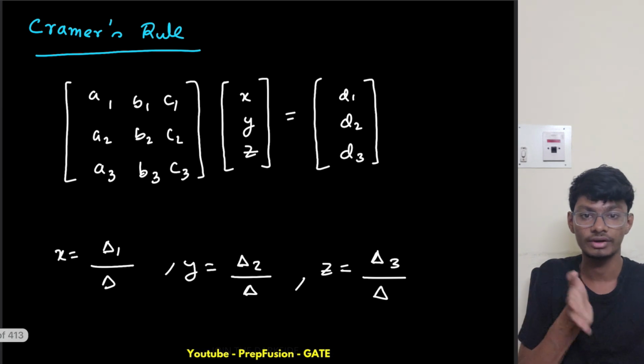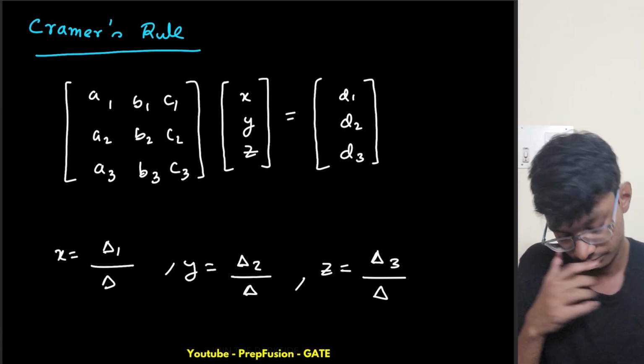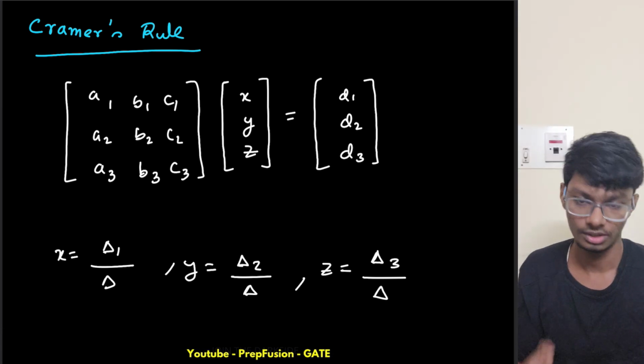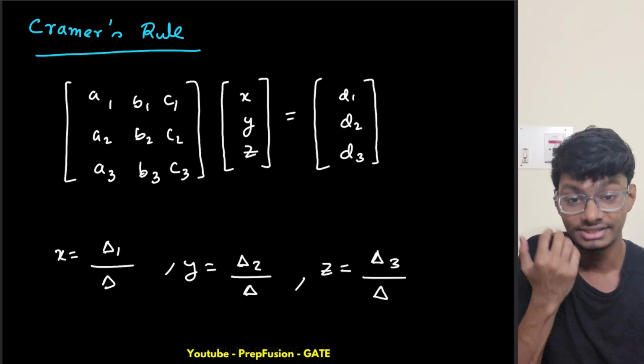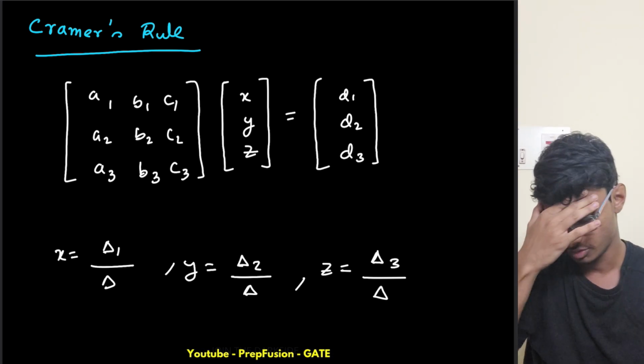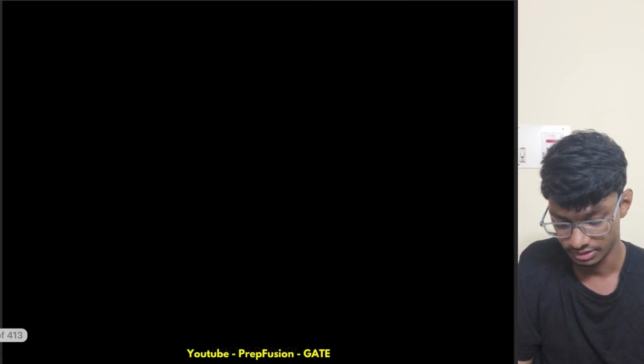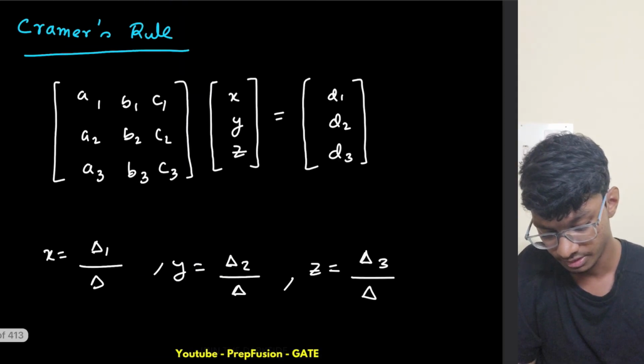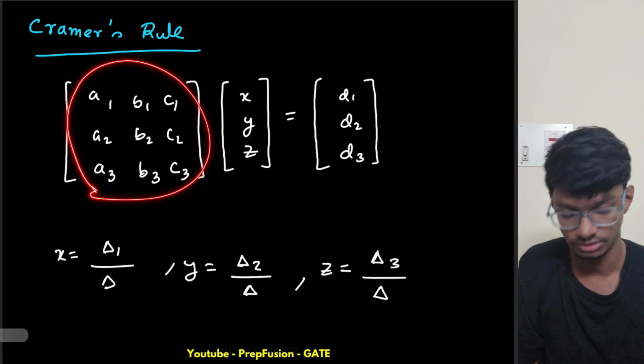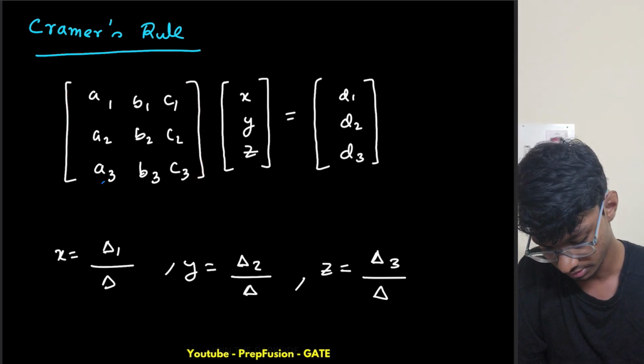So this is what X, Y, and Z are equal to. Now what are delta 1, delta 2, and delta 3? If you remember, I will still write it. Delta is simply the determinant of this matrix. So I will copy this.